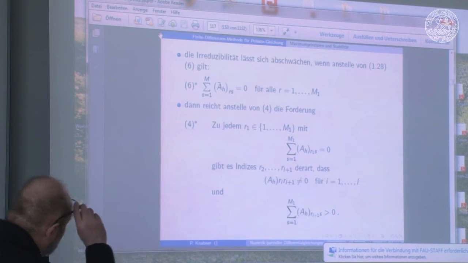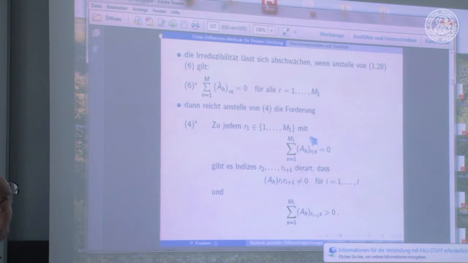And therefore, here we relax the requirements in the sense that we only want to go from some index, which is here denoted by R1, to another index, but only from an index where the sum is 0. That means in this interpretation from a point far away from the boundary, we would like to go to a point which has this sum property, which means we want to go to a point close to the boundary.